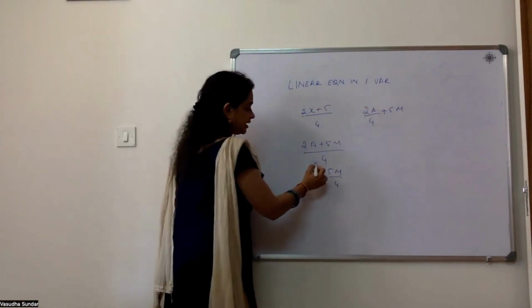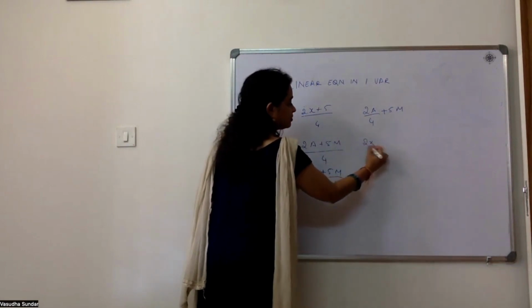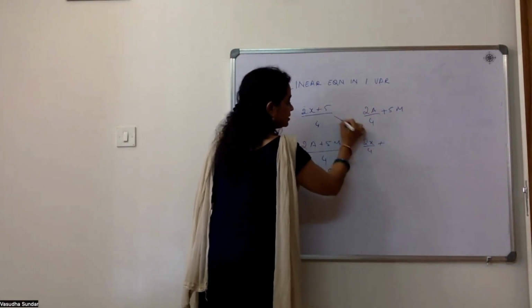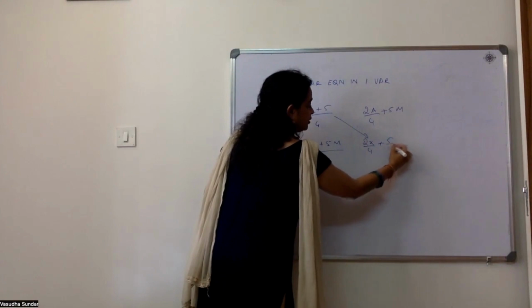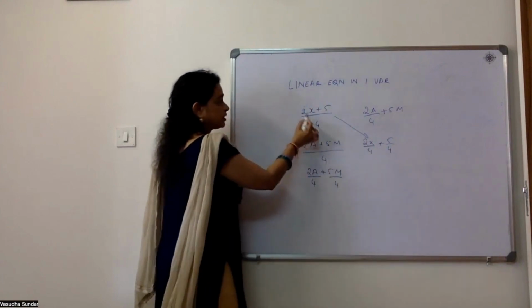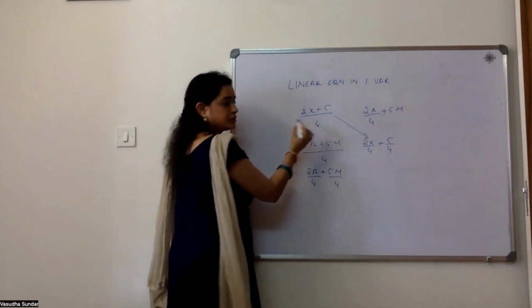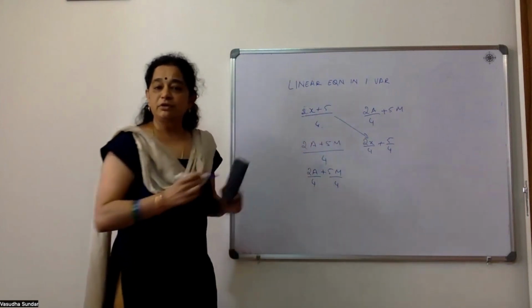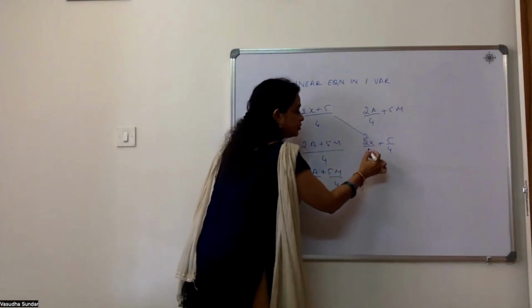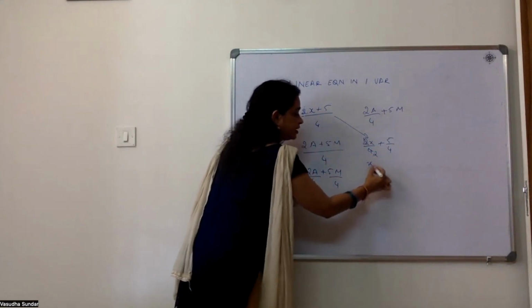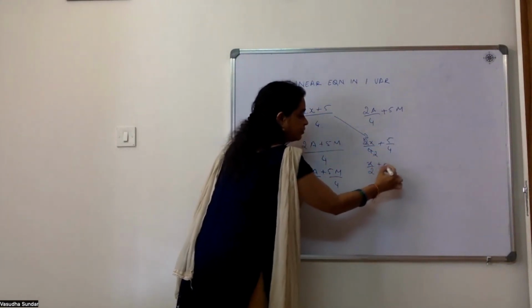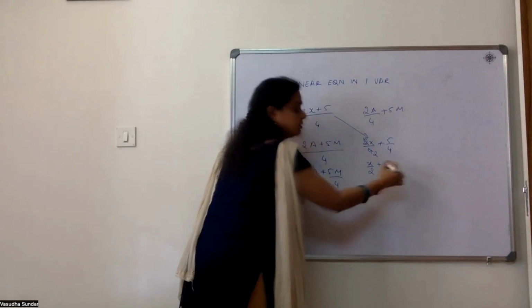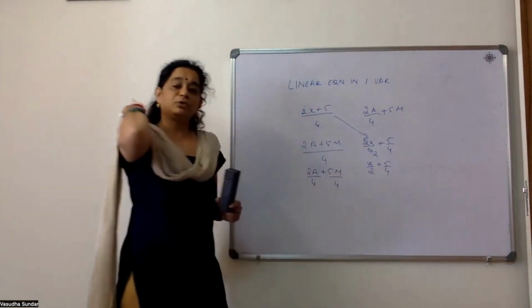So this is the correct expression: 2x by 4 plus 5 by 4. So please don't cancel this 2 and this 4. You're denying the mangoes for your friends. Whereas here you can cancel.